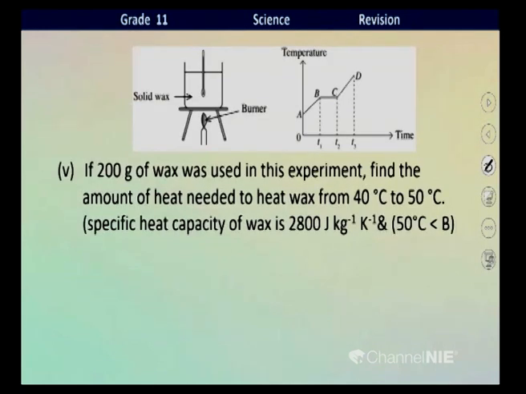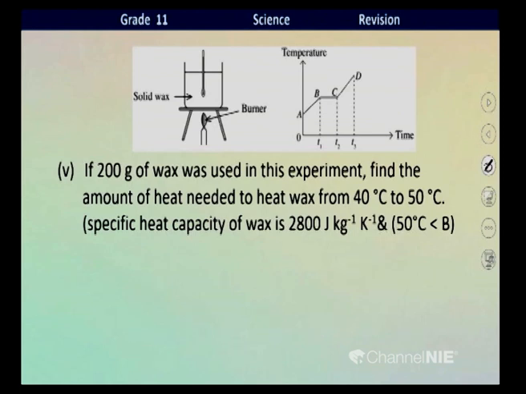Next question. If 200 grams of wax was used in this experiment, find the amount of heat needed to heat wax from 40 to 50 Celsius. Right here the specific heat capacity of wax also given. How to get the heat absorbed here, children?